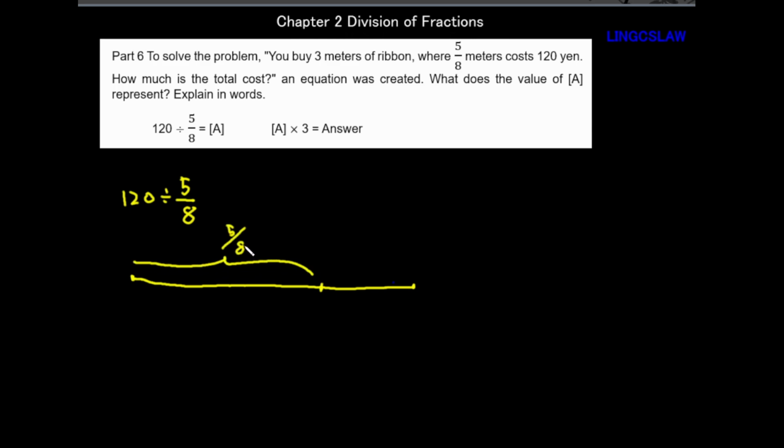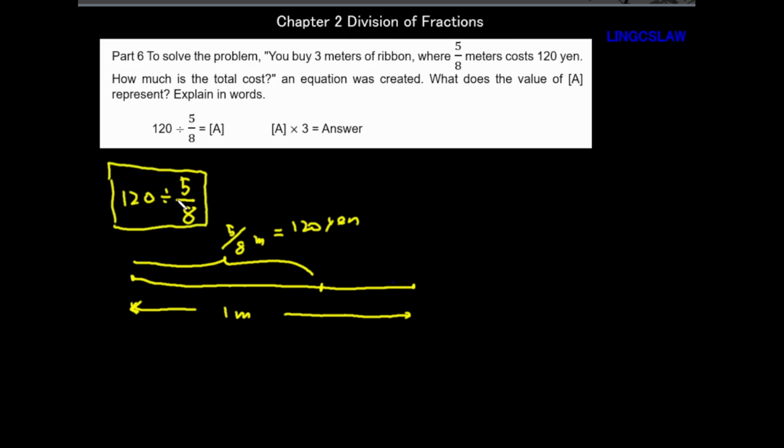This is the entire ribbon, one ribbon, and 5/8 maybe this one. 5/8 meters, and this is 1 meter, and this part costs 120 yen. Now, how about 1 meter? So this calculation gives you the cost of 1 meter ribbon, the price of 1 meter ribbon.